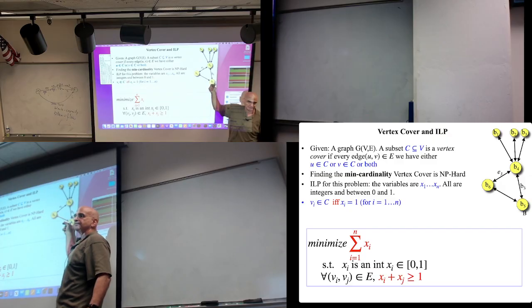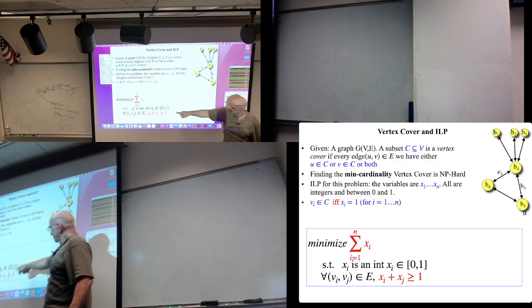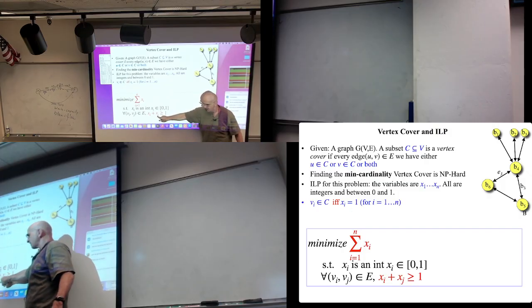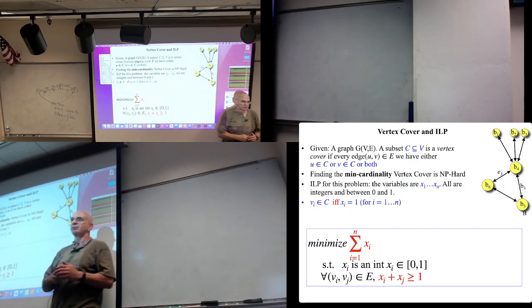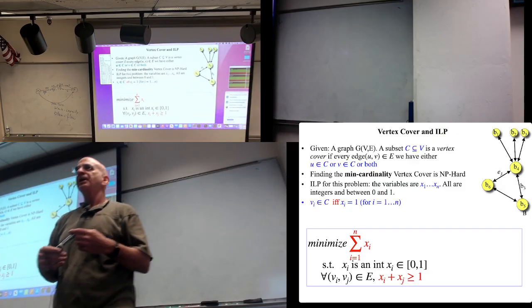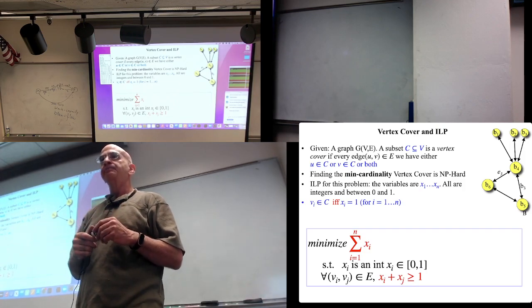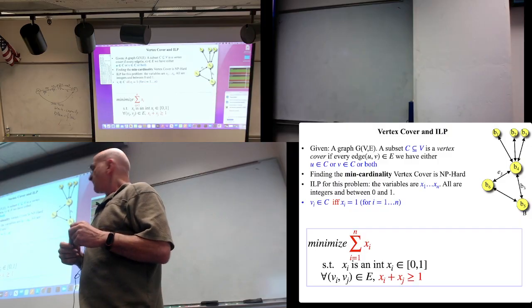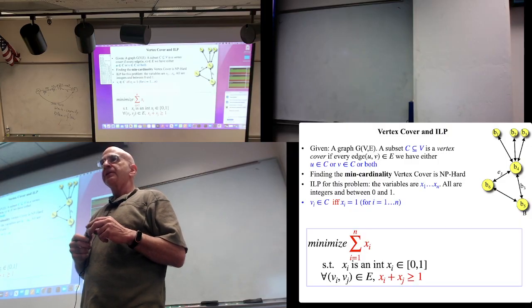That's also fine. That is, for this edge vi, vj, xi plus xj, both of them Boolean, 0 or 1, their sum must be at least 1. So at least one of them, if they are Booleans, must be 1. And that's the ILP to solve the vertex cover.